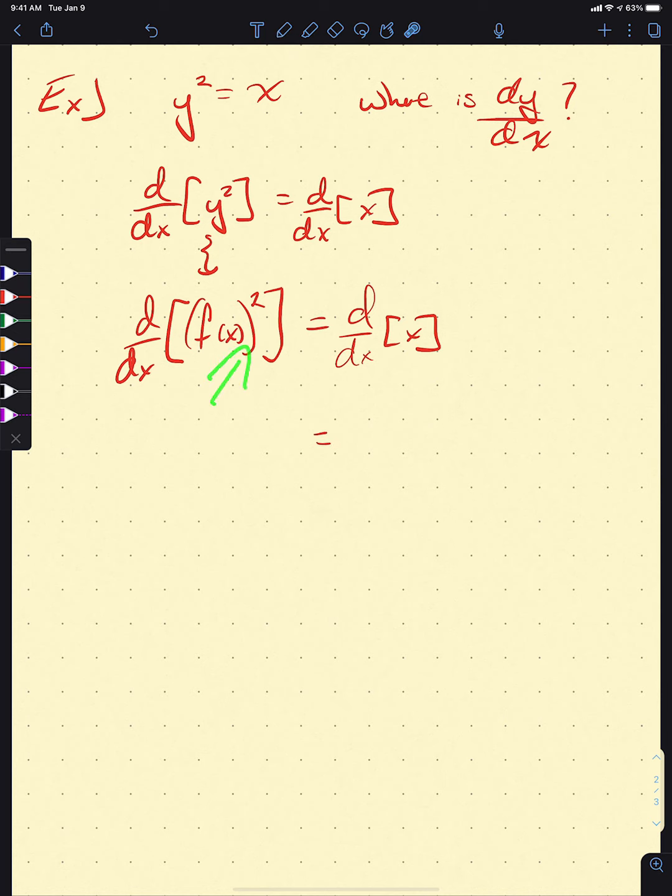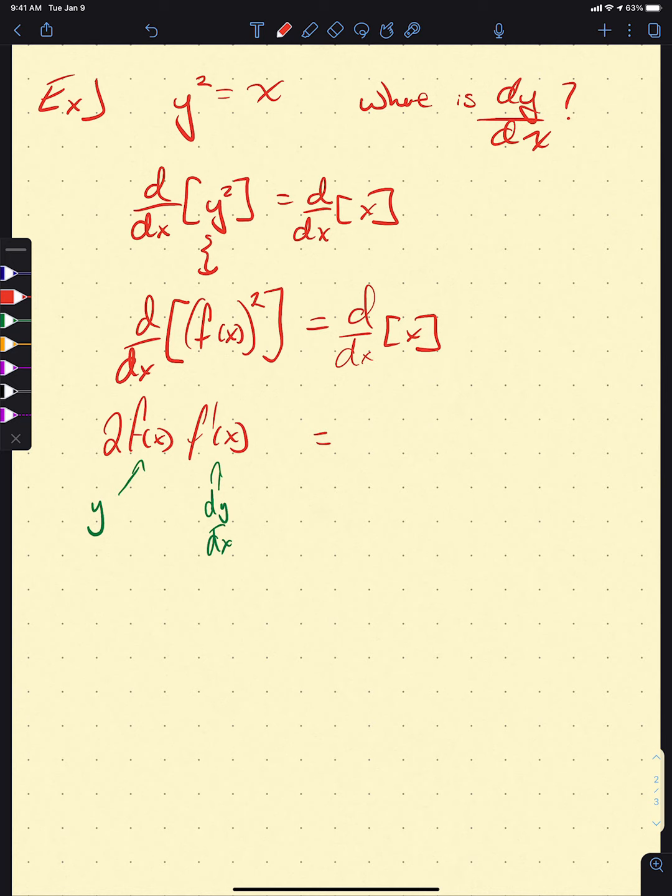But once we do this, we can use our chain rule. This is going to be 2 times f of x times f prime of x. But f of x is y, and so that means that this is dy dx, okay?